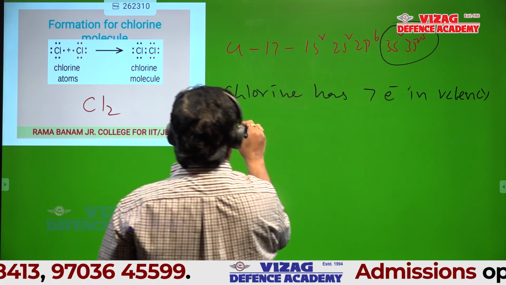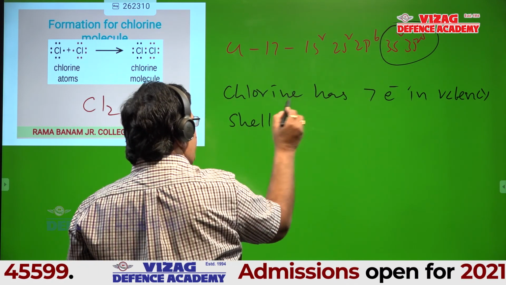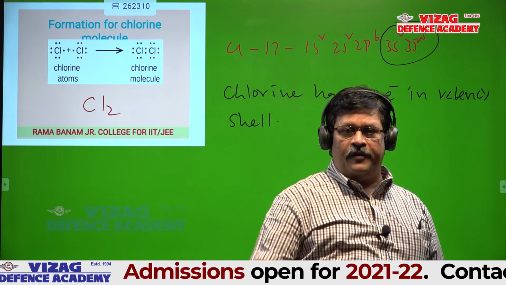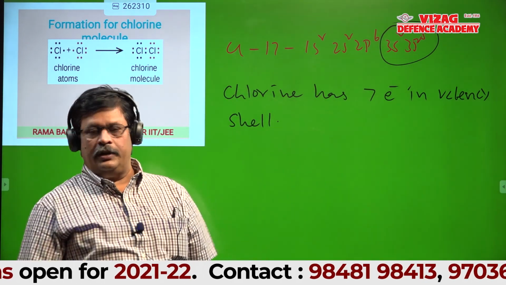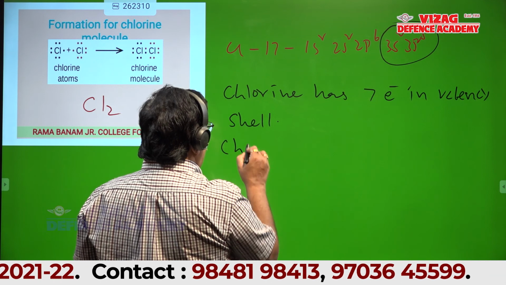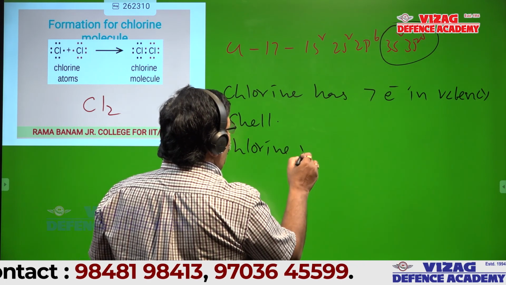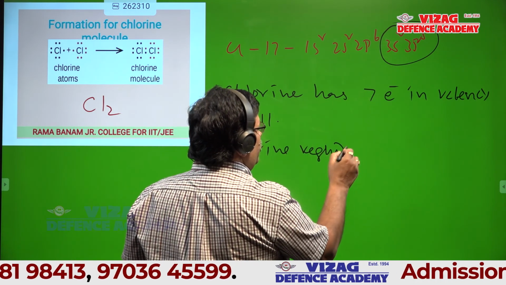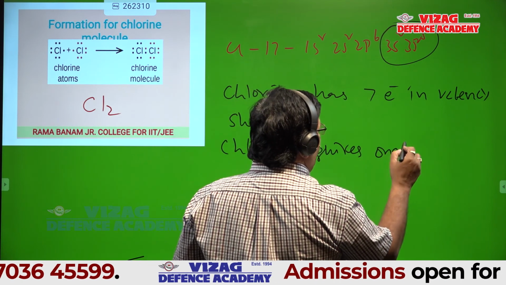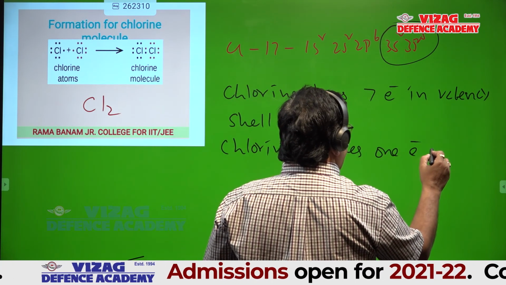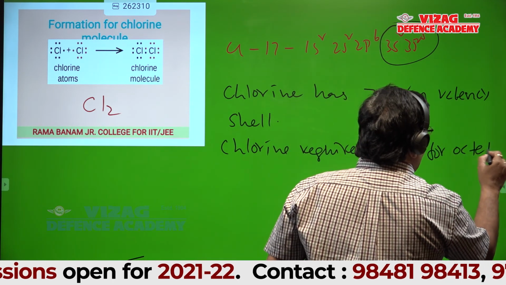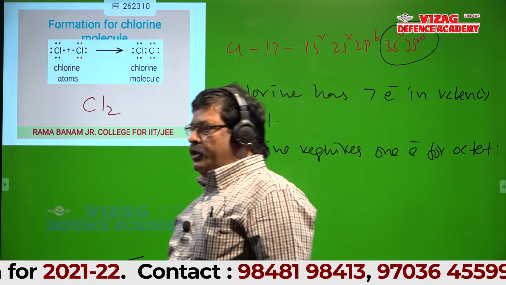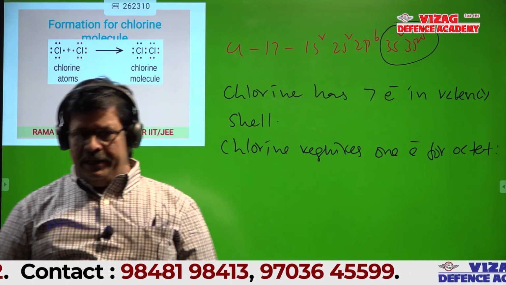So, how many electrons does chlorine require to attain octet? 1. So chlorine requires only 1 electron for octet. Both the chlorines require 1 electron only.